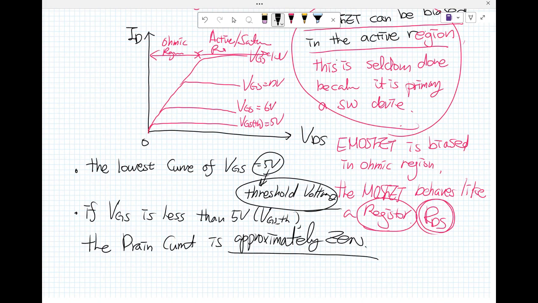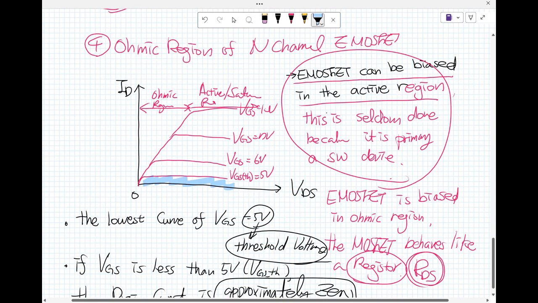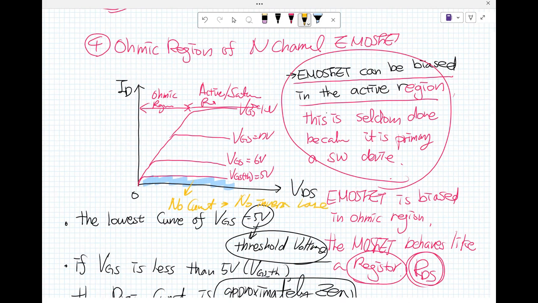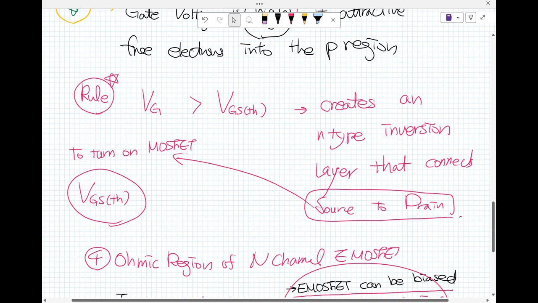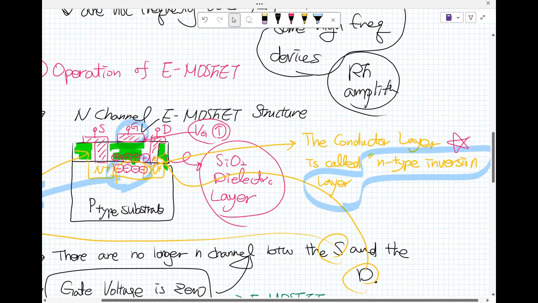0. Okay. Why? Because below here, that was no current and no inversion layer created. Do you remember here? If they had no V sub GS, or not enough positive V sub GS voltage, they could not make an inversion layer to flow the drain current.